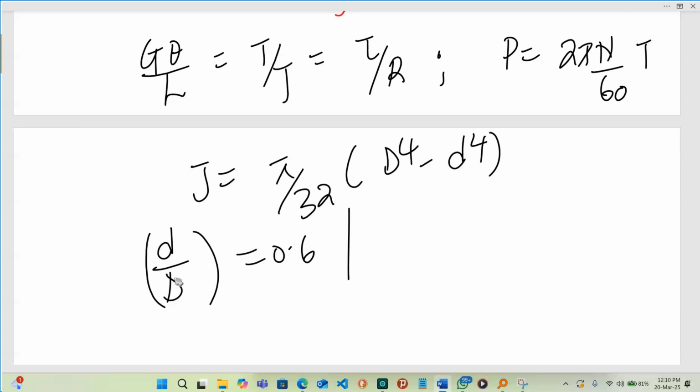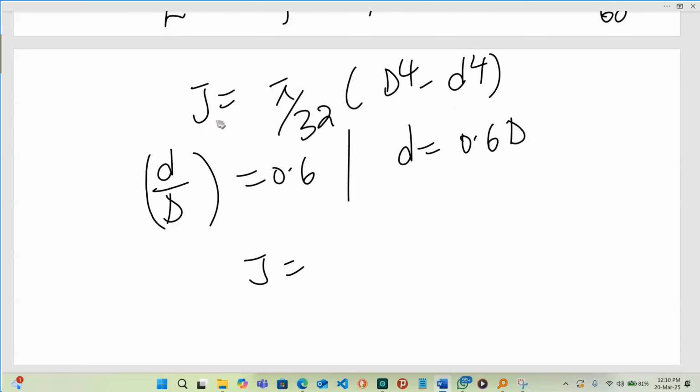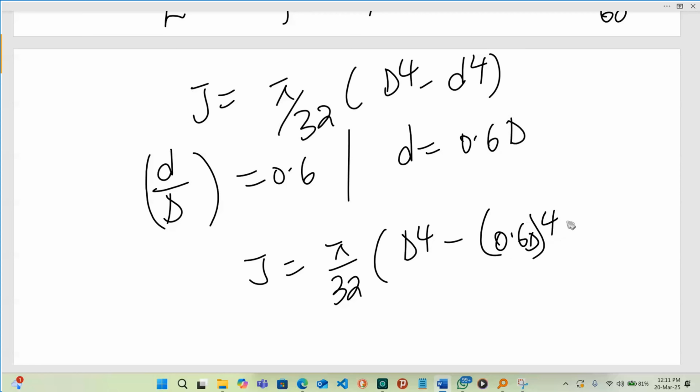So meaning we can actually express this small d in terms of capital D. So we can have small d equivalent to 0.6 of capital D. So now we can determine our J, the polar second moment of inertia. So this will be pi out of 32 into D to power 4 minus (0.6 D) to power 4.